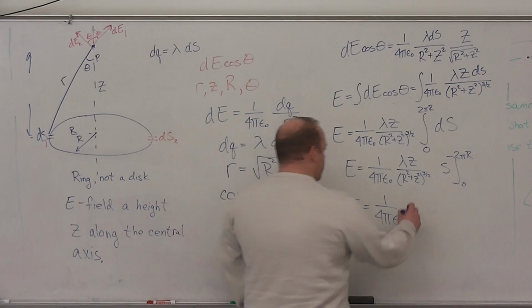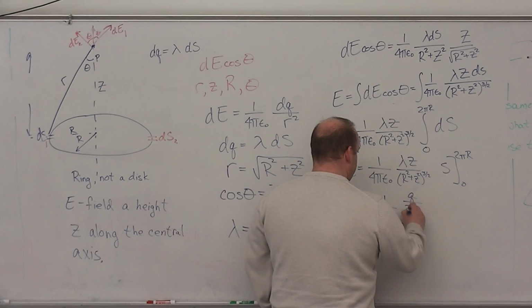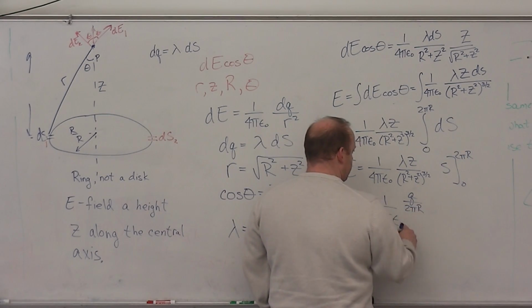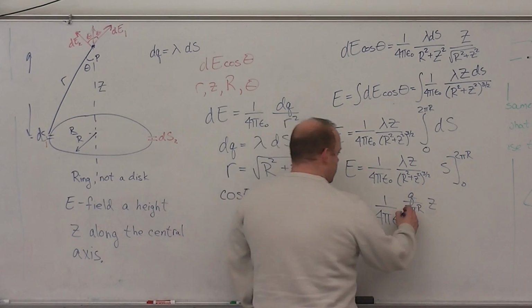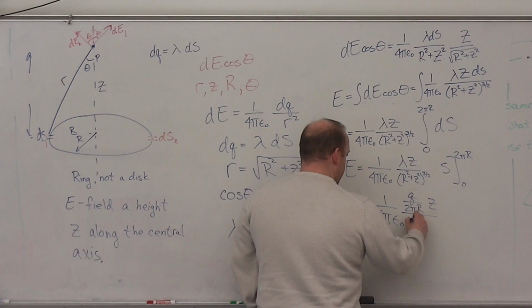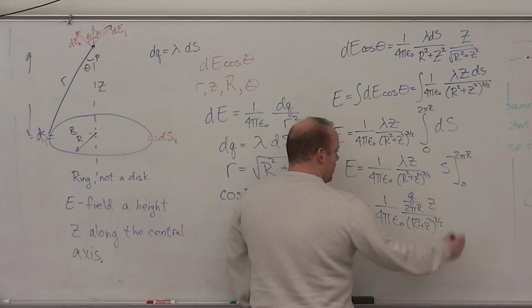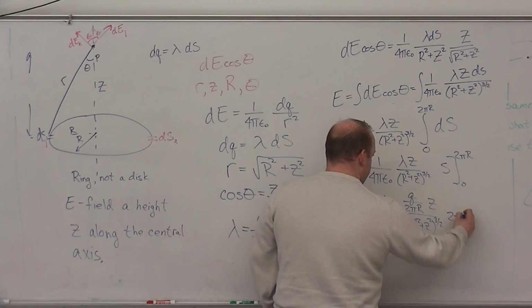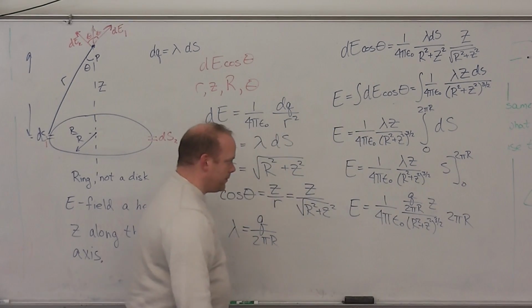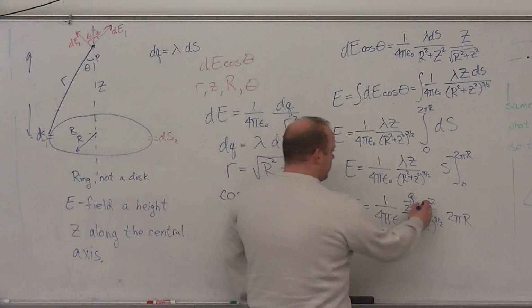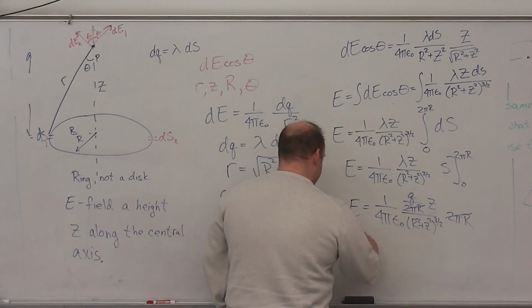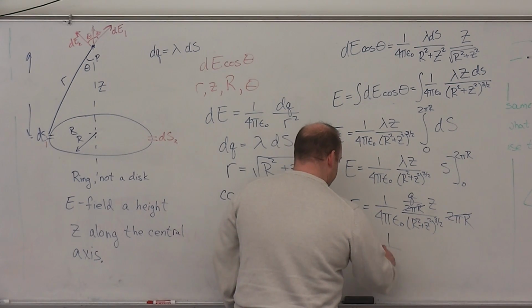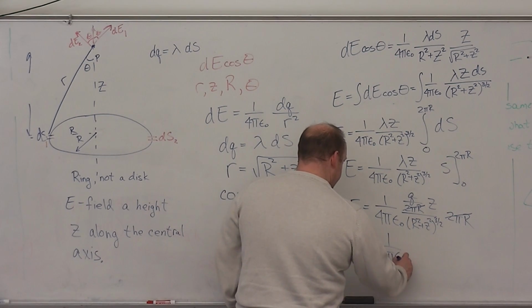So this is q over 2 pi r times z all over r squared plus z squared to the 3 halves times 2 pi r. The 2 pi r's go away. I'm left with an electric field of 1 over 4 pi epsilon naught.